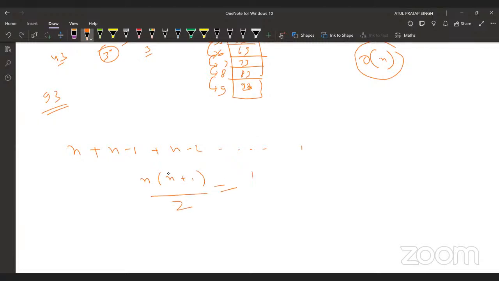So 100 plus 1, divided by 2. Now this is 50, now 101 into 50. I think no, the formula is different, I think. One second.